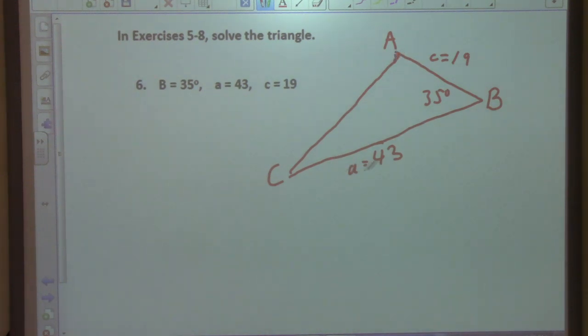All right? So the first thing you're going to want to solve for is this little thing right over here. So that one here is going to be B is equal to square root of each of these two sides squared minus 2 times 43 times 19 times cosine of this angle right here.